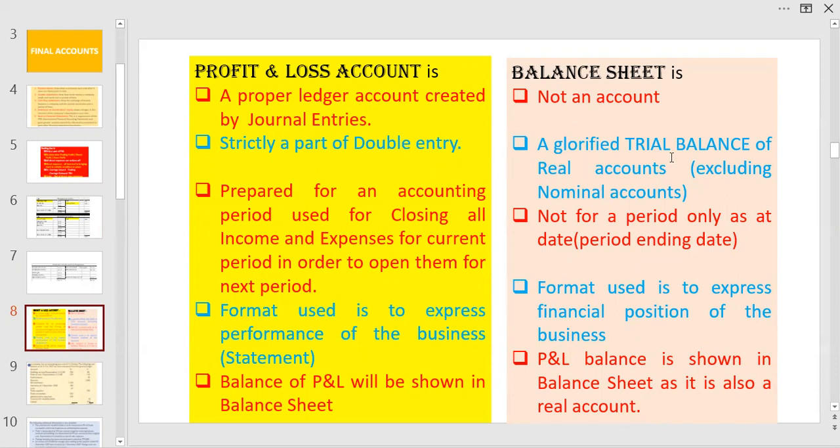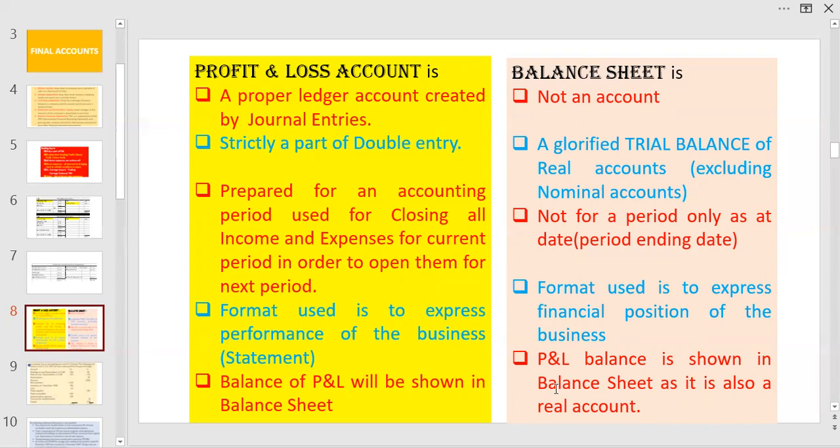Balance sheet is only a glorified trial balance consisting of real accounts, excluding all nominal accounts. P&L shows financial performance, balance sheet shows financial position. Net results of P&L will be shown in the balance sheet as it is a real account, namely equity.